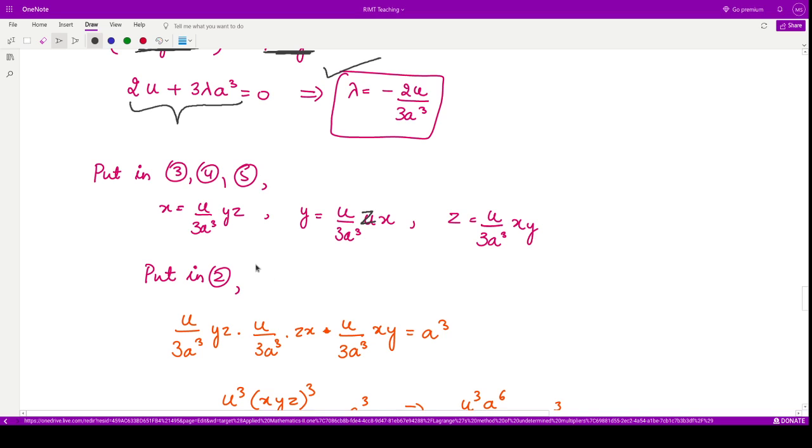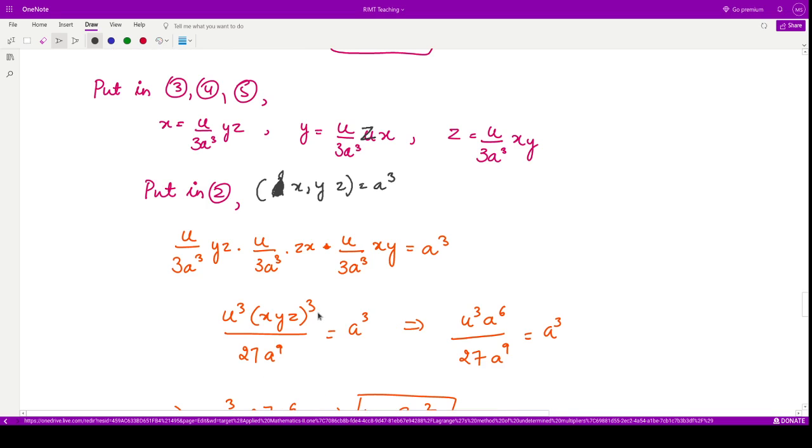You can then substitute all these values in equation 2, which was xyz is equal to a cube. So you substitute all these values here. It becomes u cube (xyz) whole cube divided by 27 a to the power 9 is equal to a cube. So from here you can calculate u in terms of a.